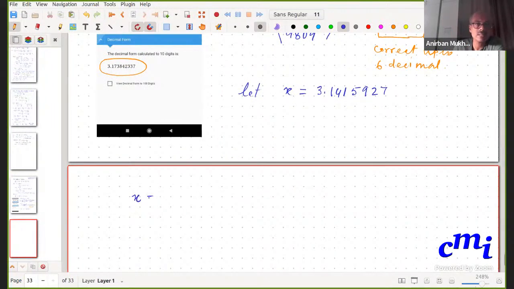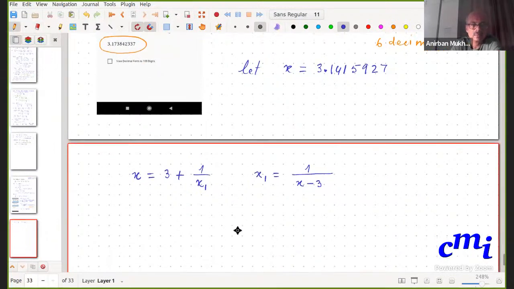So x is equal to 3 plus 1 over x1. Obviously the integral part is 3, so it starts with 3. And what is x1? x1 is going to be 1 over x minus 3. Let's use the notation we are always using.